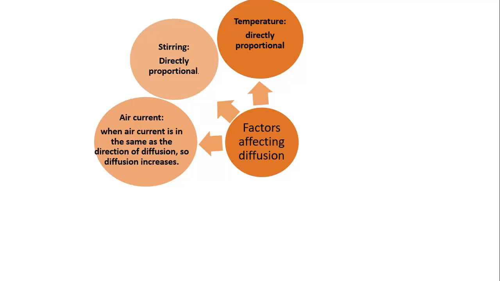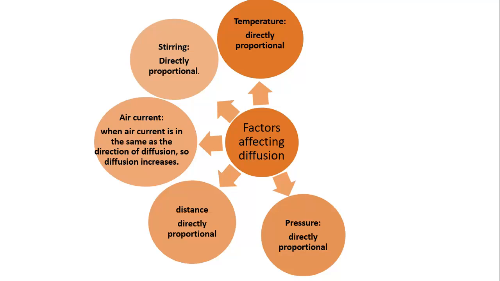Air current, when air current is in the same direction of the diffusion of something, so the diffusion will increase. So again, it is directly proportional. Distance. Distance is directly proportional because the closest the object, the better the diffusion. The furthest the object, the worse the diffusion.